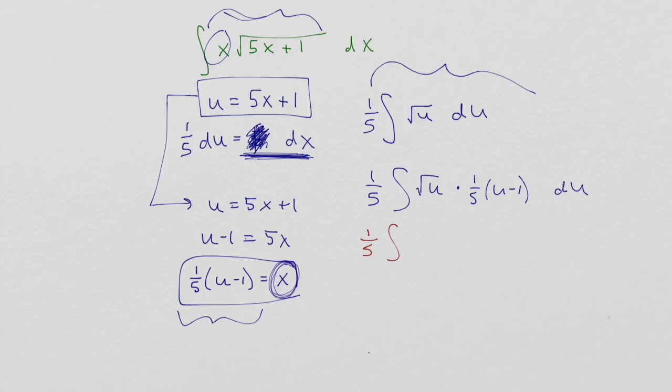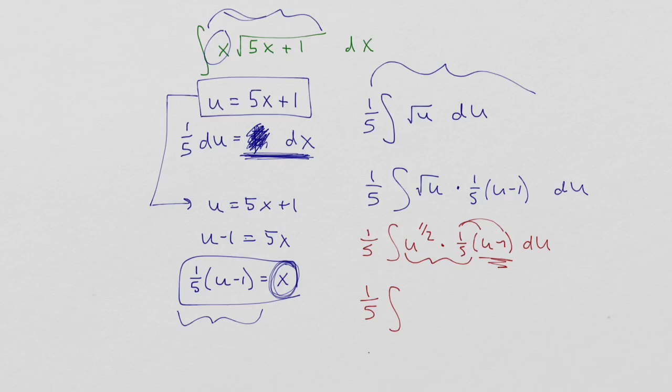So let's just see if we can algebraically modify this thing a little bit to get this into a simpler term by writing this as u to the power of 1/2, and then I've got 1/5 times u minus 1. Let's see what we can do with this. I can distribute my 1/5. And actually, I'm going to skip a baby step here and distribute all of 1/5 times u to the 1/2 through to this u minus 1 term.